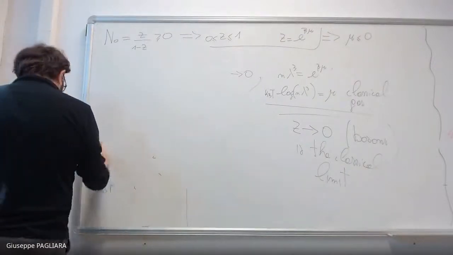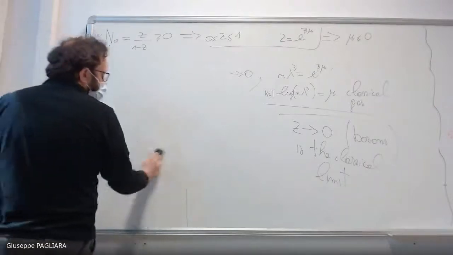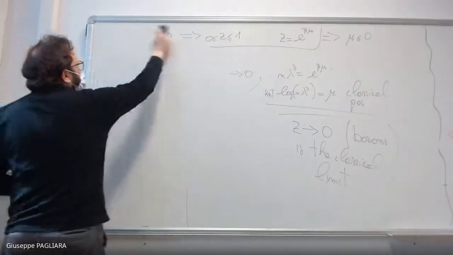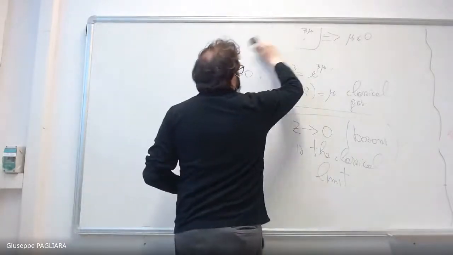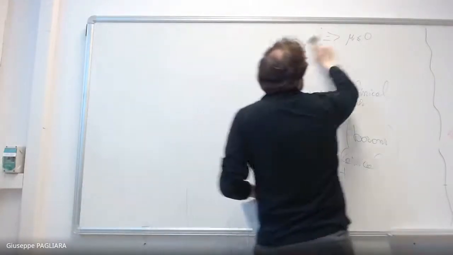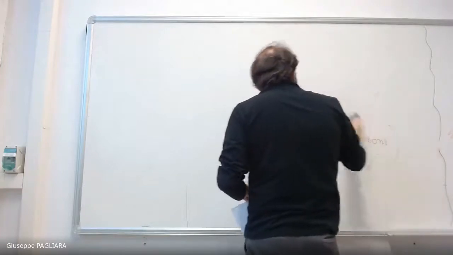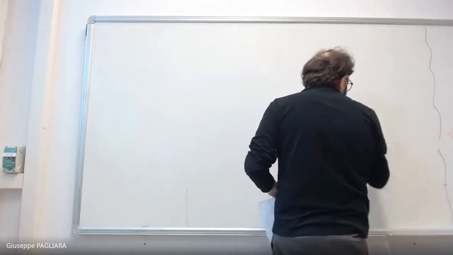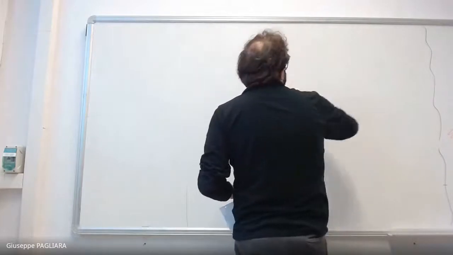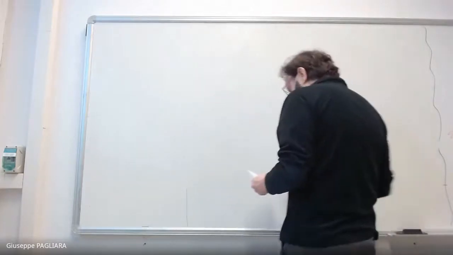So at leading order, you get the classical limit, you get the usual relation between chemical potential and the density and the lambda. Now we go on and see what is the first correction due to quantum mechanics to the equation of state, which is something that we have already done when considering the correlation of two particles, but now we can do something more systematic.